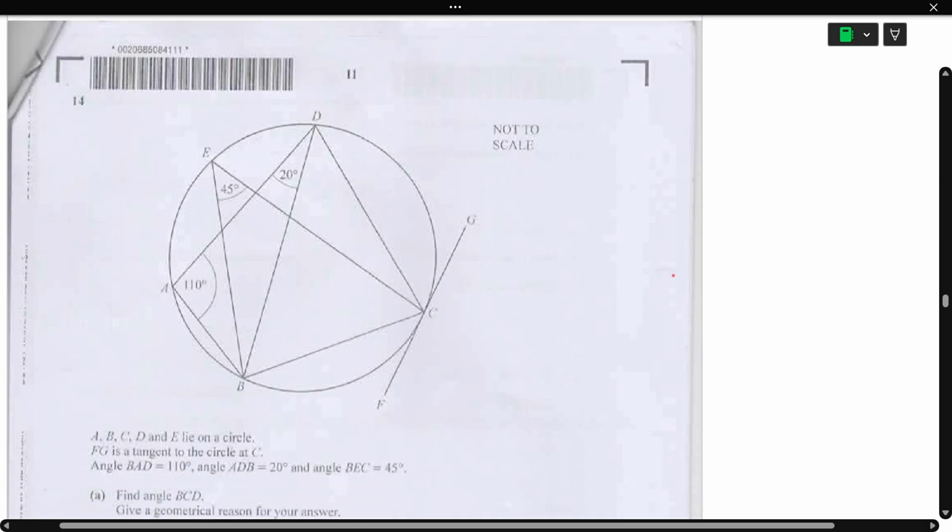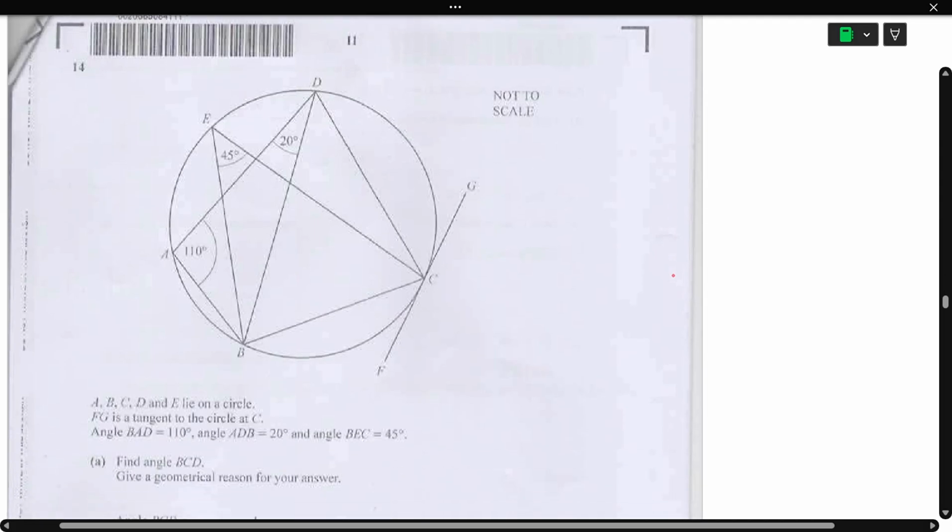Next question 14 is a circle question. Some angles were given, and we need to find the angle BCD, this entire angle. ABCD is cyclic because all 4 vertices are on the circle.